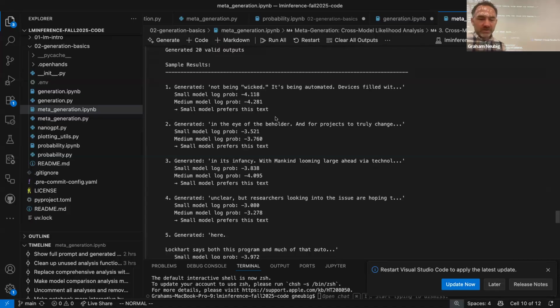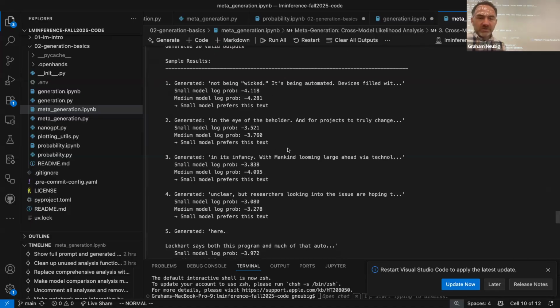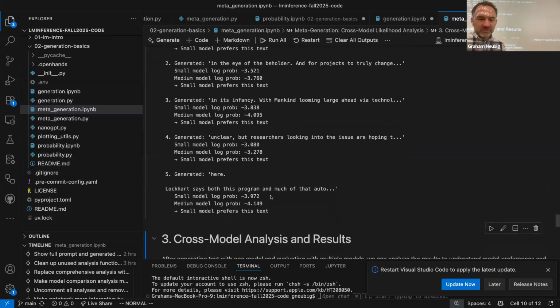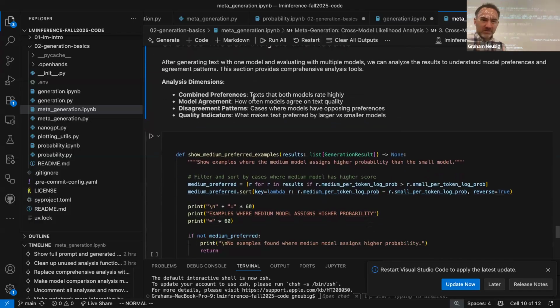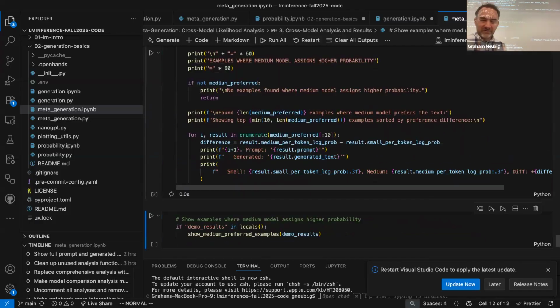So here's the small model. Here's the text that the small model prefers versus the text that the large model prefers. Because I generated from the small model, it makes a lot of sense that the small model will prefer most of these. So it's more interesting to look at the ones where the medium model prefers it. So let's look here.